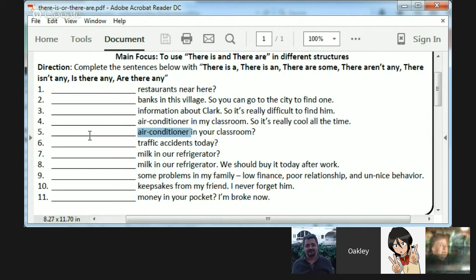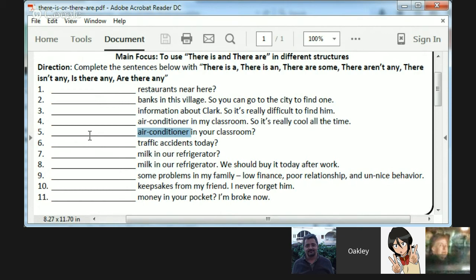Are there any air conditioners in your classroom? Yes, you could say that. Or you can say, are there air conditioners in your classroom? But you have to use are with the plural, is for the singular.